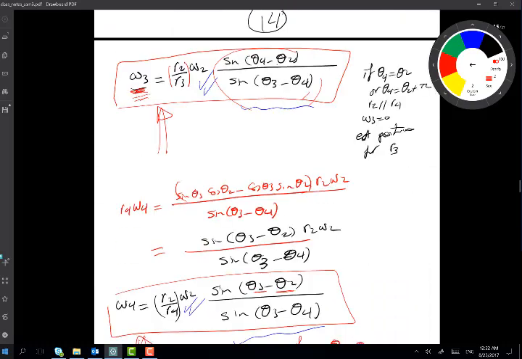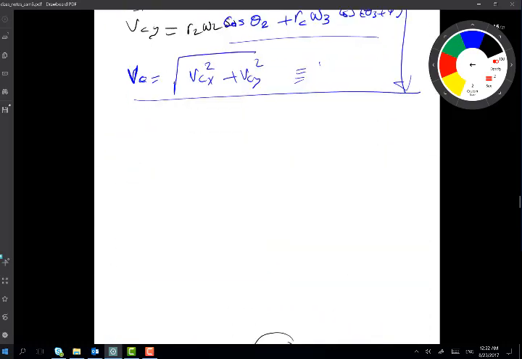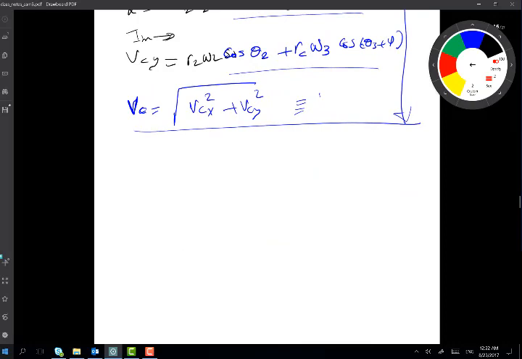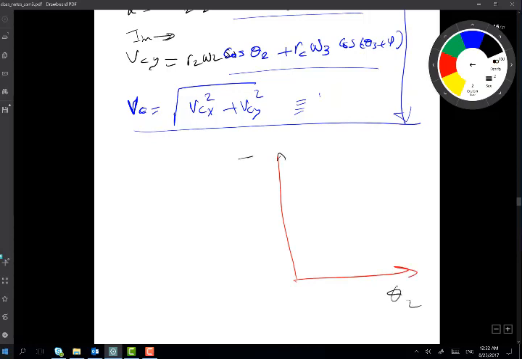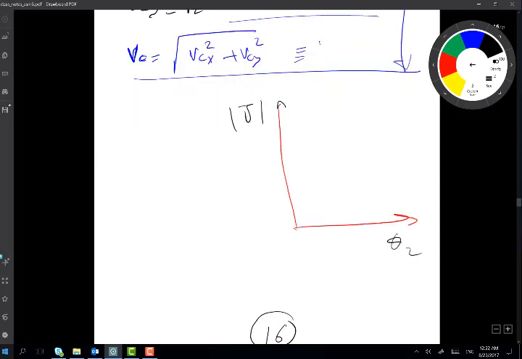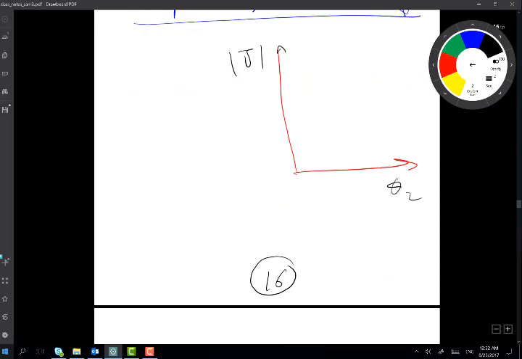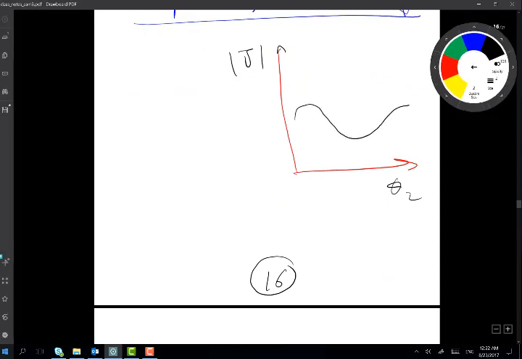Now, when you draw the Jacobian against theta 2, because the Jacobian is also something you need to draw against theta 2 when you are designing a linkage, if you draw the determinant against theta 2, you should always get a value either above 0 or below 0.